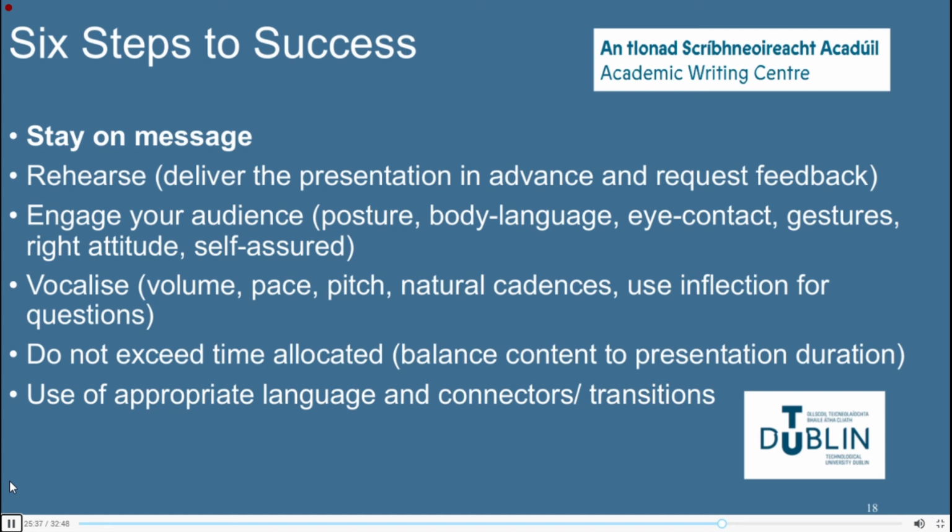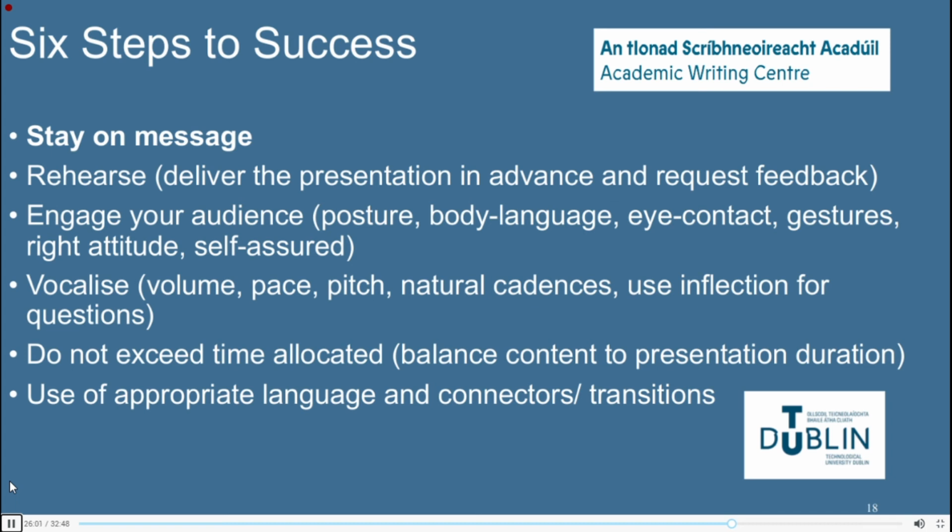In the presentation itself, at the exposition, remember to engage your audience. This can be done also with your posture, your body language, your gestures, eye contact. You're trying to convey this idea of being self-assured and in charge of this presentation.